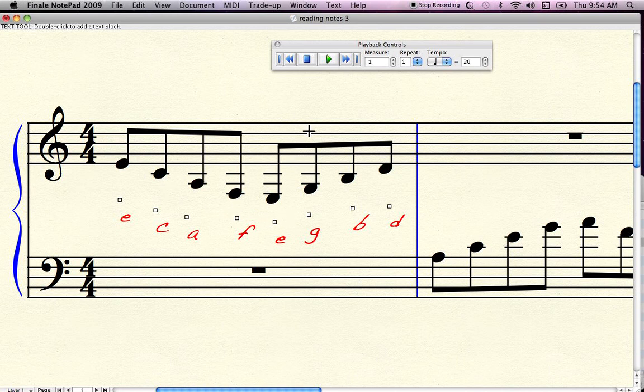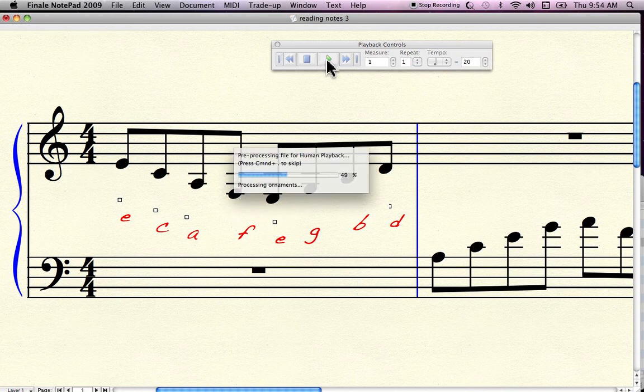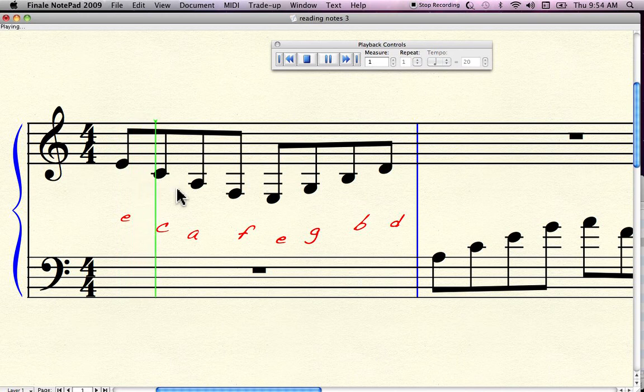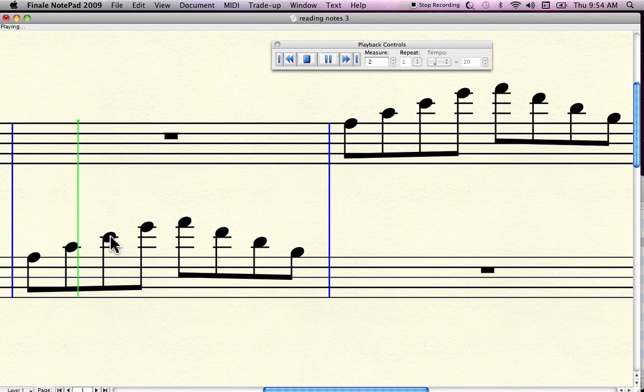let's just play this one more time here. See how the notes are going down, the pitches? E, that's this E, B, D. Now above, A, C, E, G is the same G all the way up here, see?